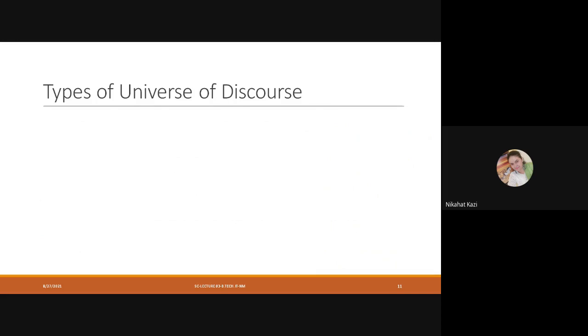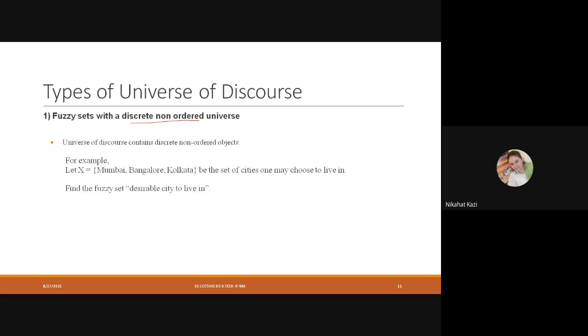Let us look at the types of universe of discourse. The first type is discrete, non-ordered. Let us take an example. X, the universe of discourse, is the set of these cities: Mumbai, Bangalore, Kolkata.